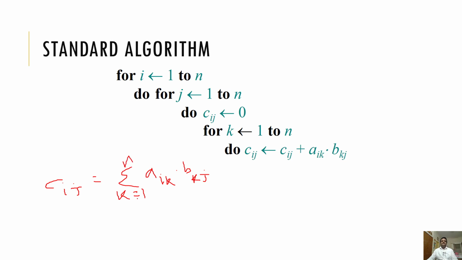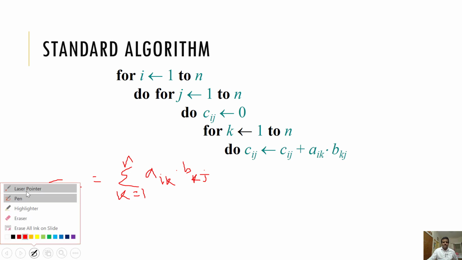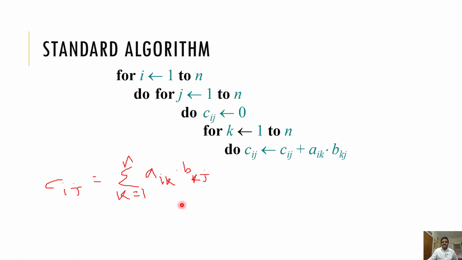That is what we write in this formula. We initialize Cij to 0 because we have to add to it.